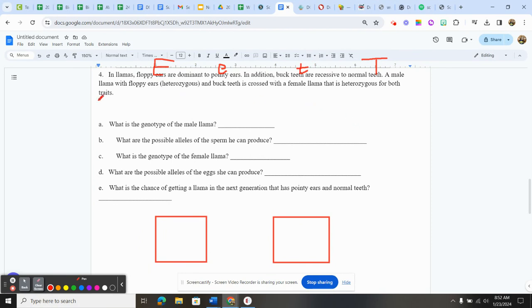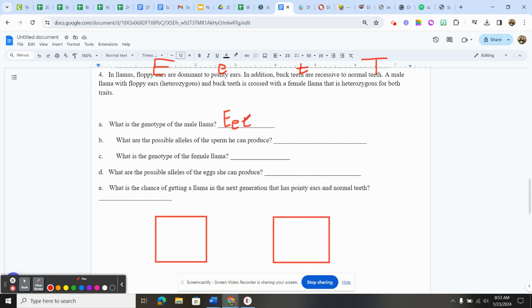So a male llama with floppy ears. He's heterozygous, so I'm going to put that down right here. For ears, the male is heterozygous. And he has buck teeth. Are buck teeth dominant or recessive? They're recessive.